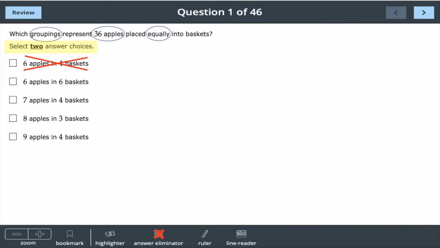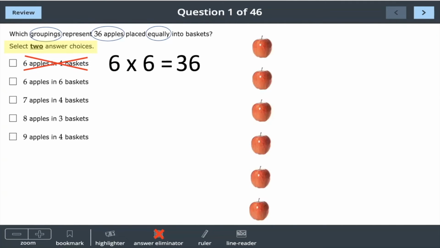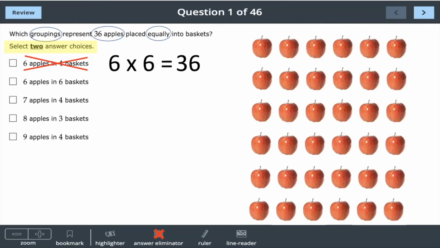6 apples in 6 baskets can be represented with the multiplication problem of 6 times 6. 6 times 6 is equal to 36. I can also create an array. It will have 6 rows and 6 columns.